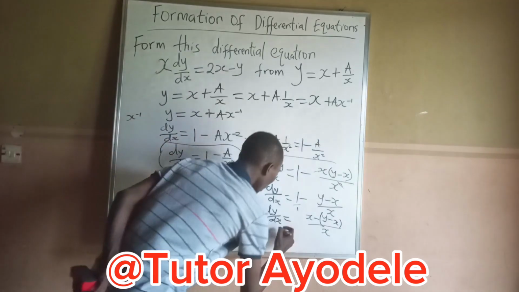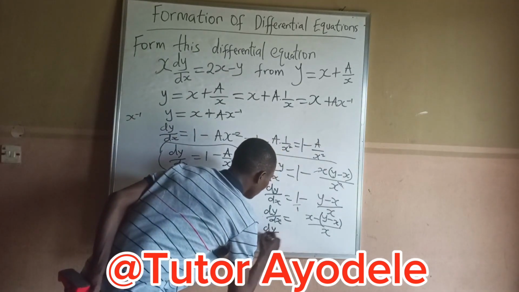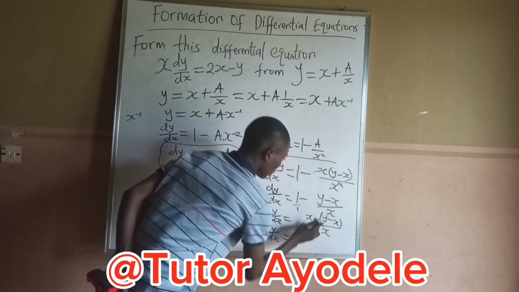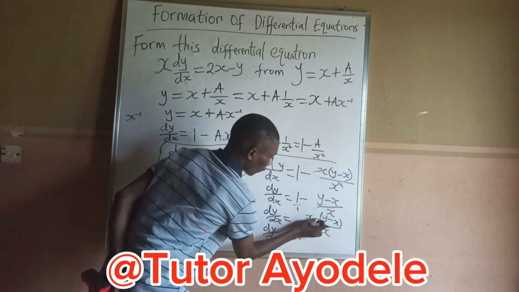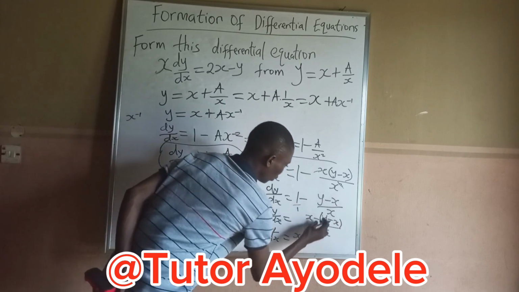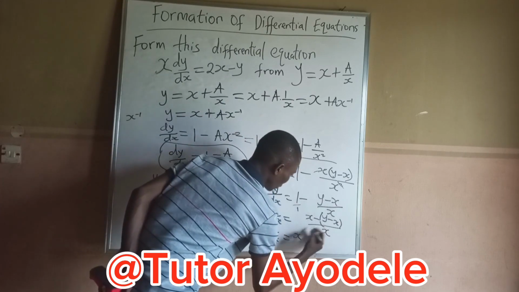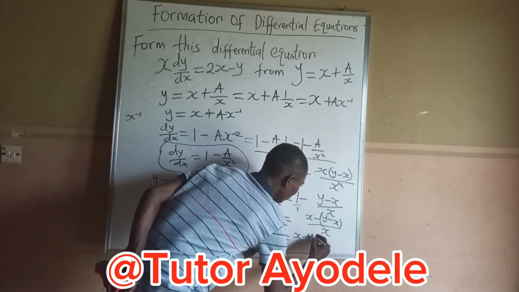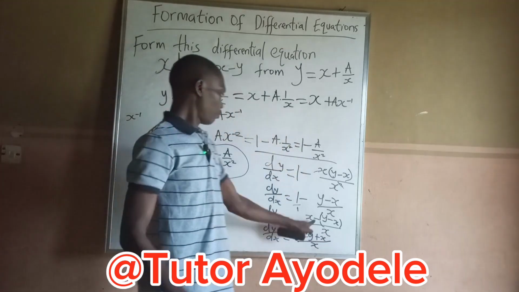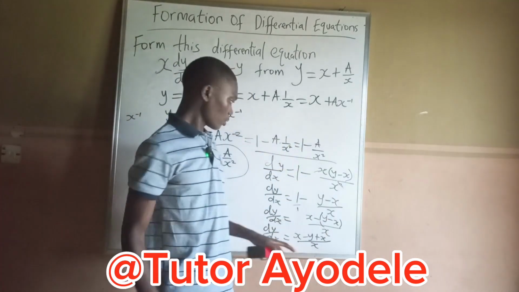But dy/dx equals x. I hope you are not confused. This minus is this, so what is here is still the same thing as this. If I open the bracket with this minus, I will have minus y plus x over x. Why? Because minus times minus will give us plus.